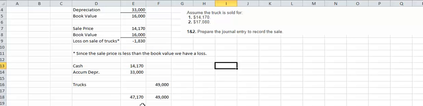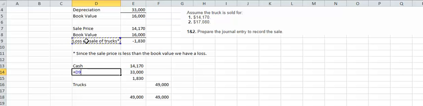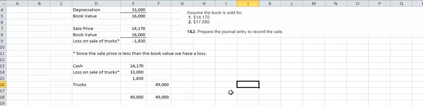What's that difference? Since the credit is bigger than the debit, we would need another debit. So gains don't get debited, losses do. We don't put in negative figures, we put in the regular positive figure. And that is going to be the loss on sale of trucks. So you'll get that scenario.